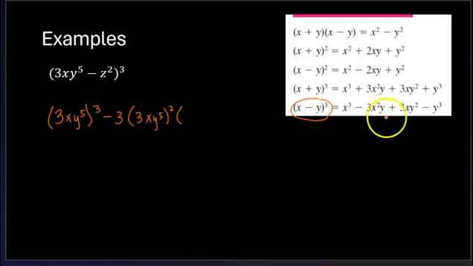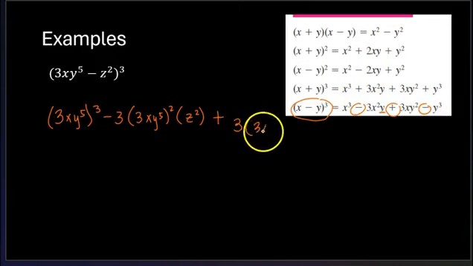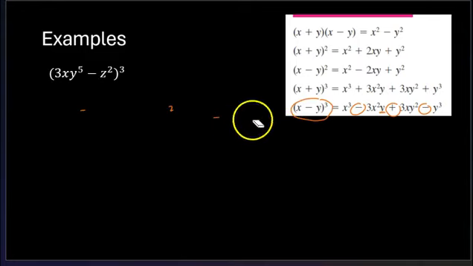And then you still have to multiply that with the y, z squared. Okay. Plus, okay, so look at the sign. The sign alternates. Okay. 3 times x. And then let me rewrite everything in a lower line.